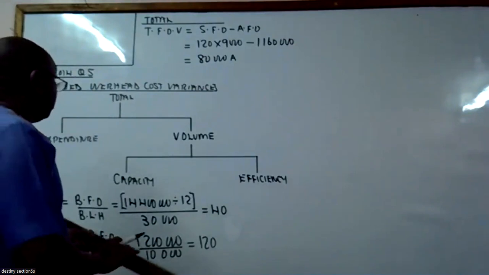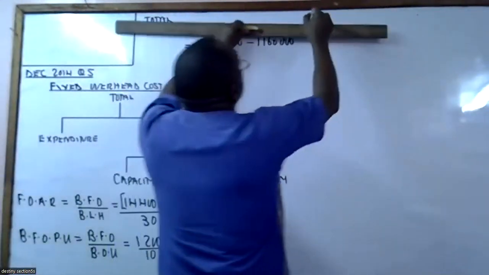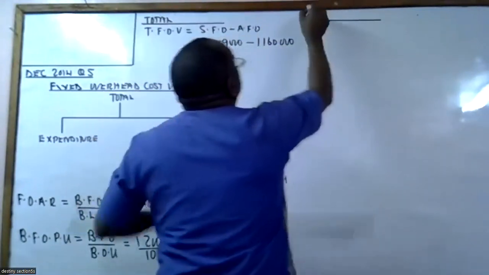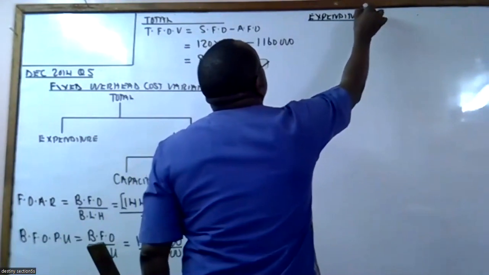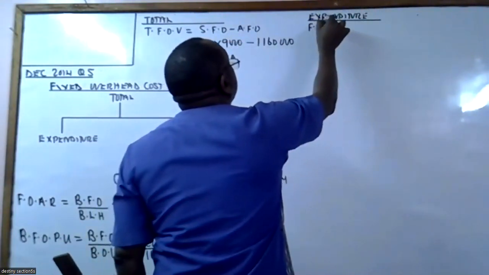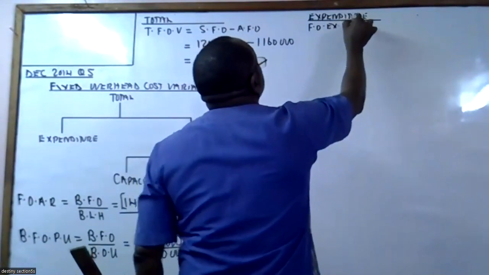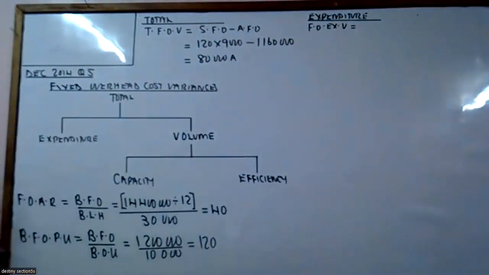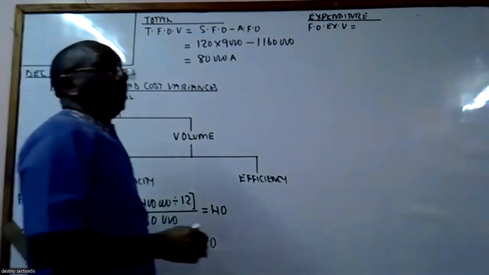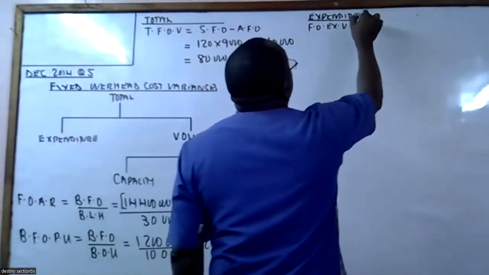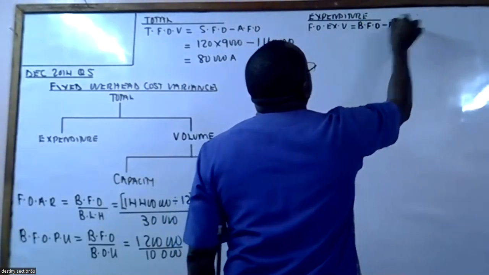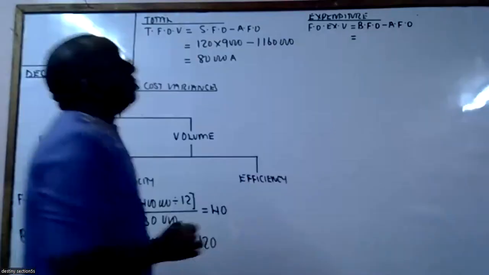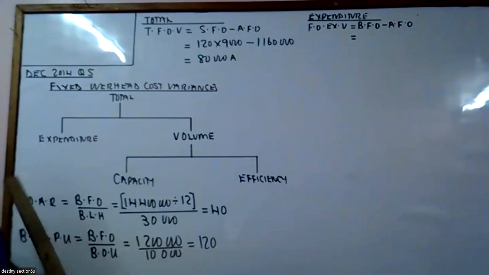All right, let's come and compute the expenditure. Now, the fixed overheads expenditure variance is given as budget fixed overheads minus actual fixed overheads.